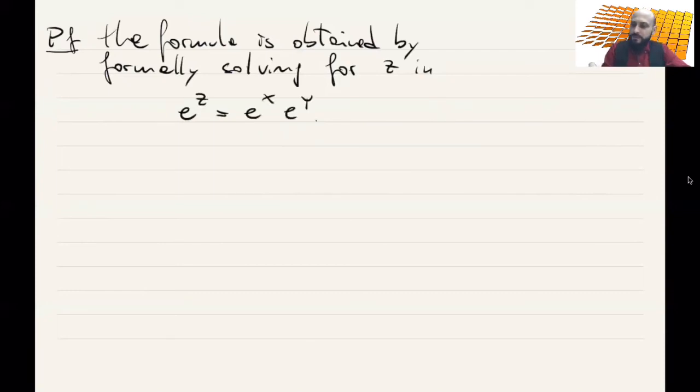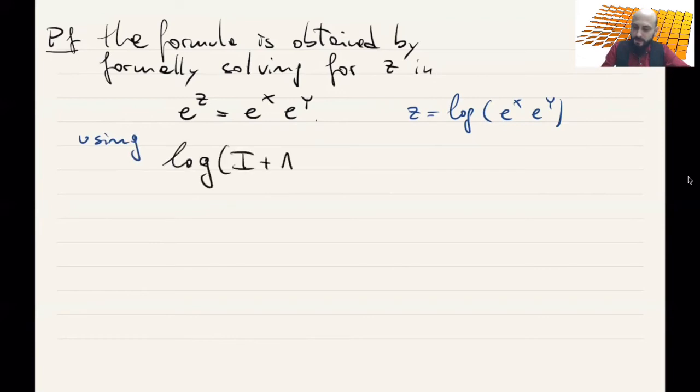In other words, z is log of e^x e^y. Now, because we have an expansion for the series of the logarithm near the identity, log of the identity plus a is equal to the sum of (minus 1) to the n plus 1 over n, a^n.